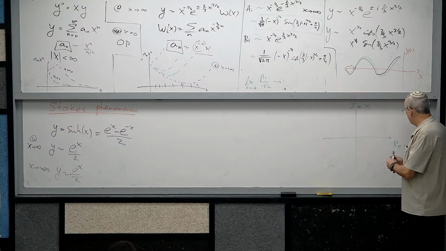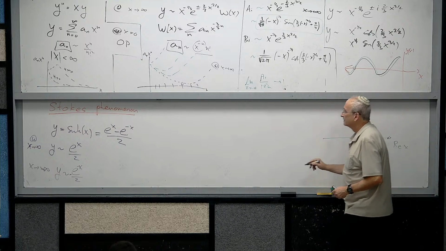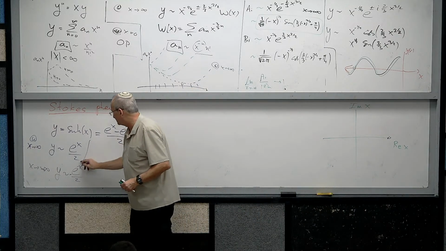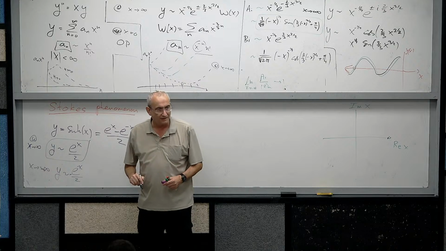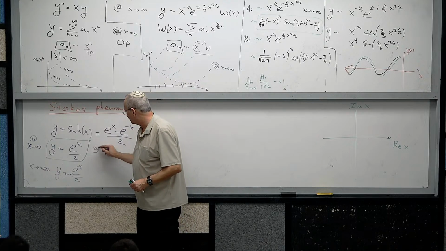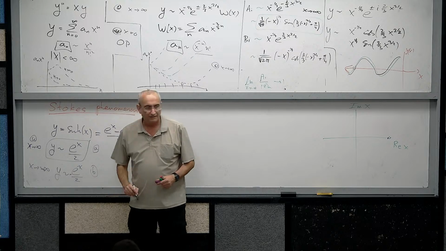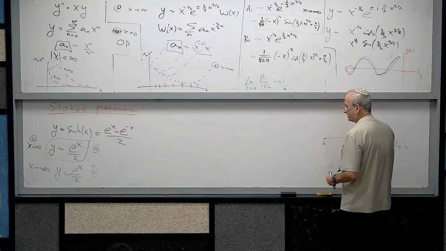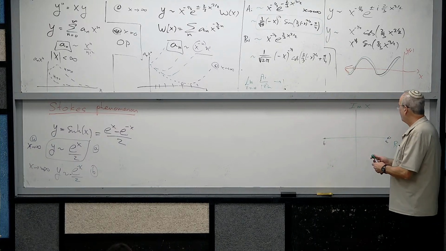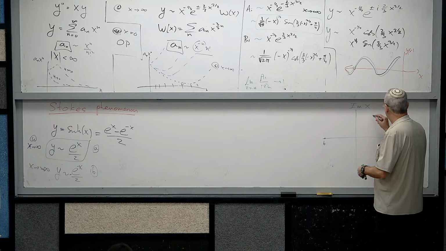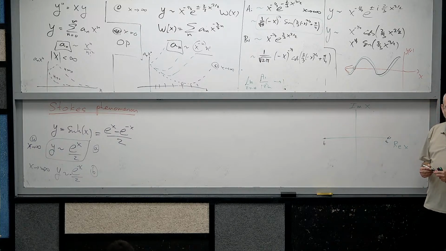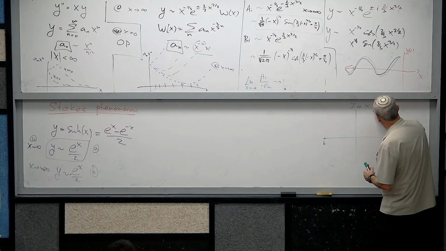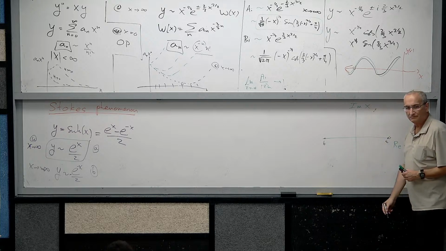If I am here, then it is this; let's call it A, and this is B. I'm taking x to infinity, but in this direction.